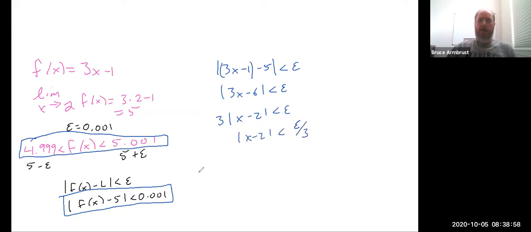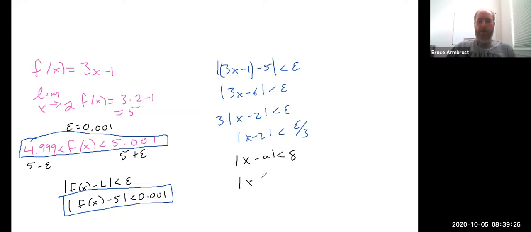So we're left with the absolute value of x minus 2 is less than epsilon over 3. And the other part of the definition, oops, that's not where the delta goes. Right, the other part of the definition looked like this. Well, a, that's the point where we're approaching.